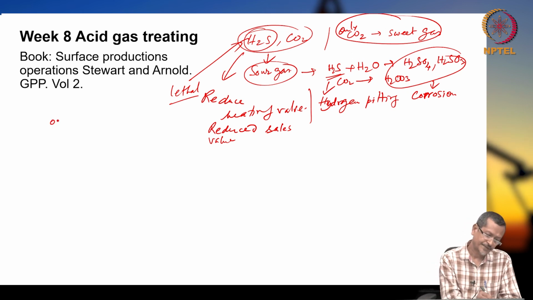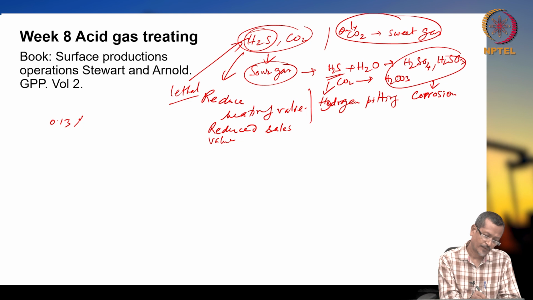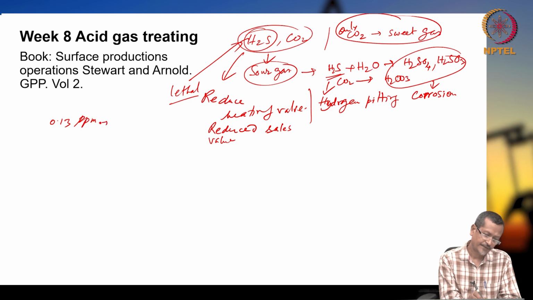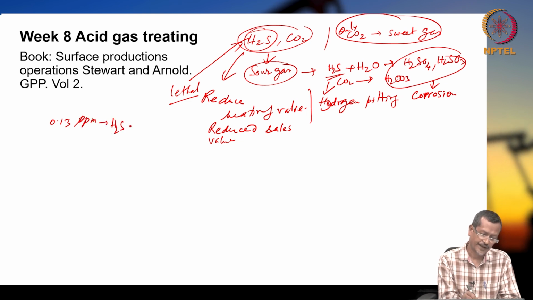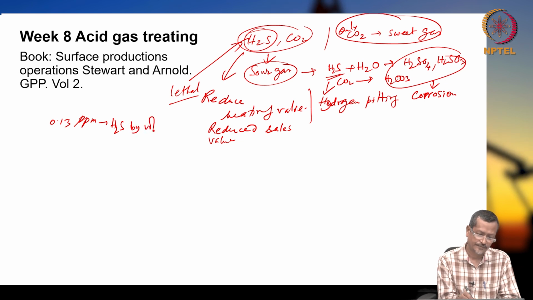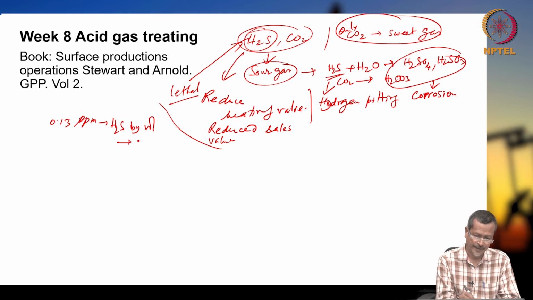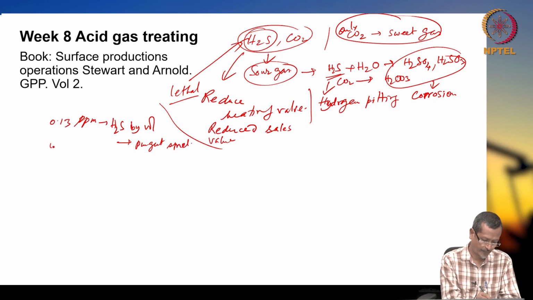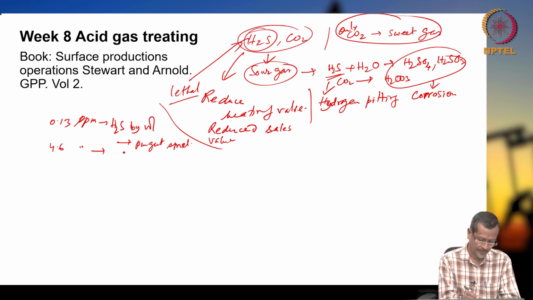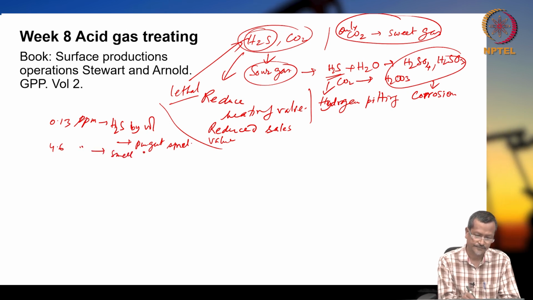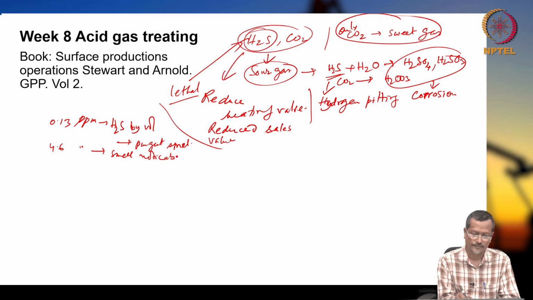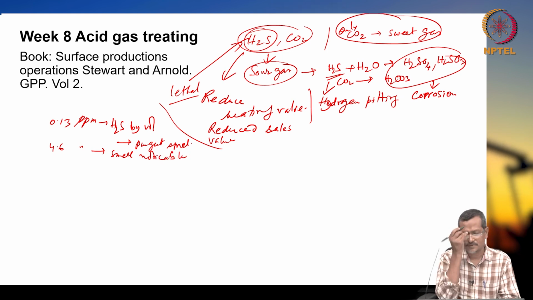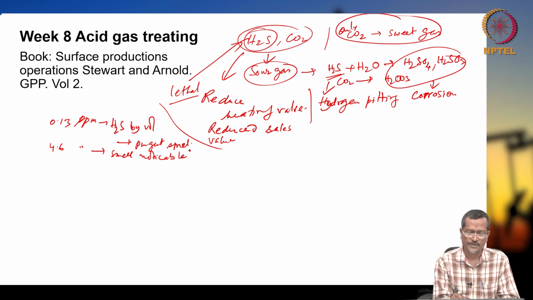If H2S is at 0.13 ppm by volume in a gas, the gas will create a pungent smell. A small smell may be there, may not be there, but some smell may come.